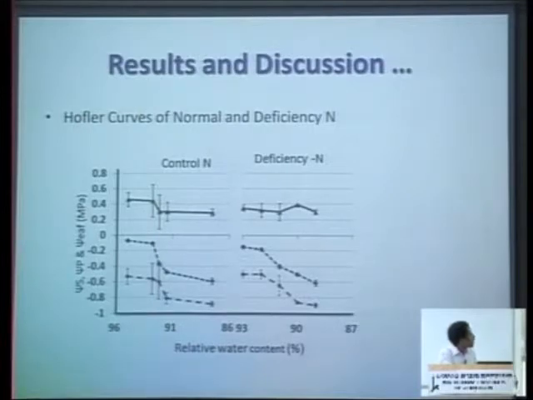So maybe there were some signals related with hydraulics of the leaf, which helps it to decrease fast while we are exposing to low nitrogen. The other parameters are more or less the same, so we don't have any such big difference between the osmotic potential, for example, and the pressure potential.